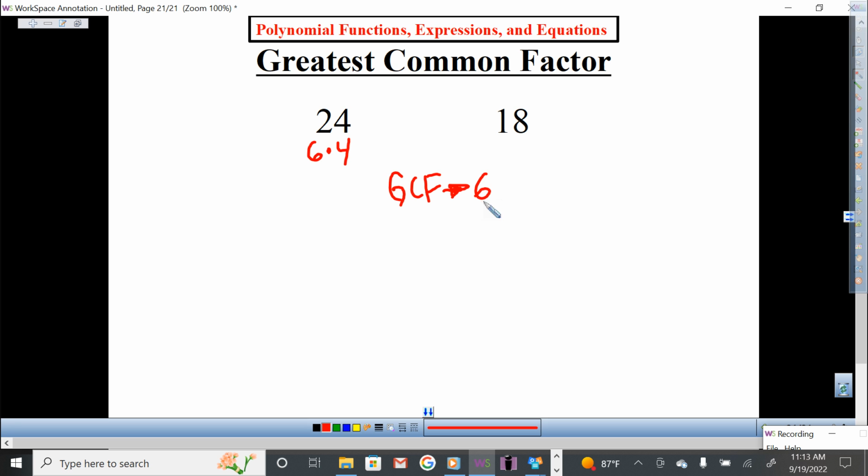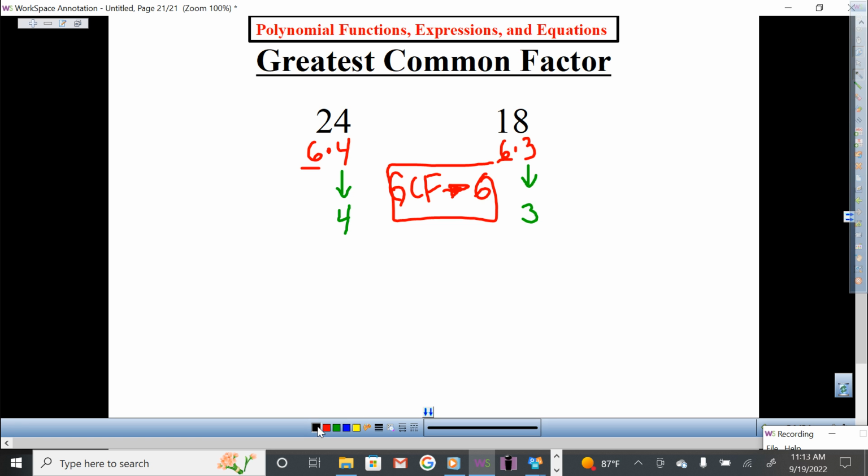How would we write 18 using the 6? 6 times 3. So once you rewrite them, you identify your GCF, here and here. But then you need to think about what is left over. For this side is a 4, and for this side is a 3. Everybody got it? Okay, let's do another one.